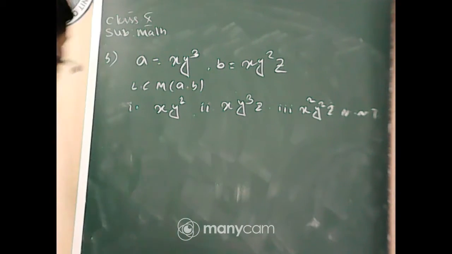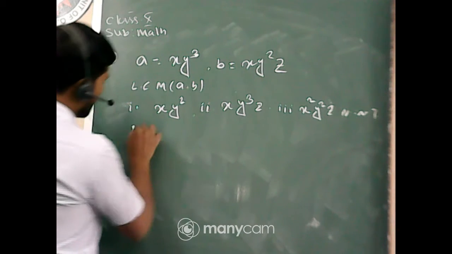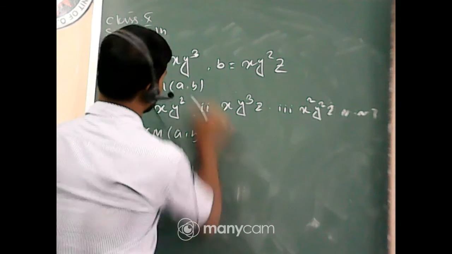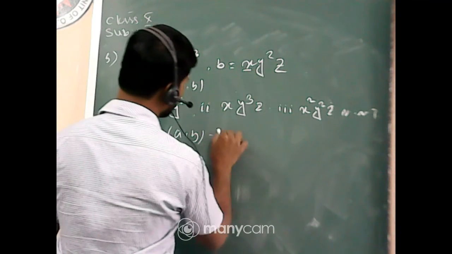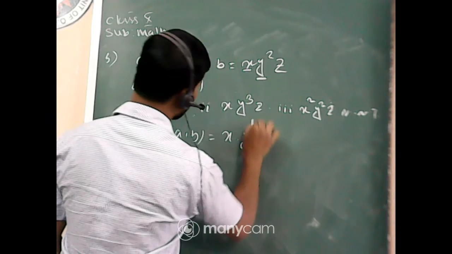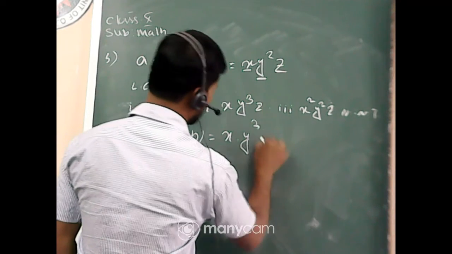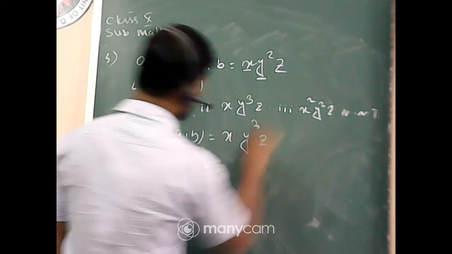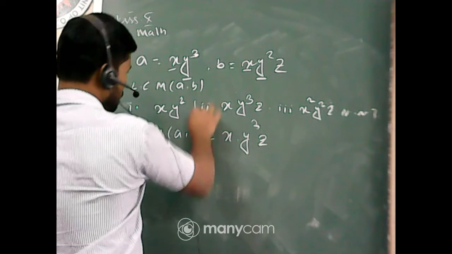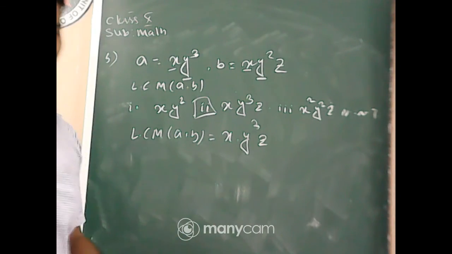B. Okay, so in that case the LCM will be: the power of x is 1, so x; the maximum power of y is 3, so y cube; and the maximum power of z is 1, so z. So x y cube z, which is option 2. So 2 is the correct option.